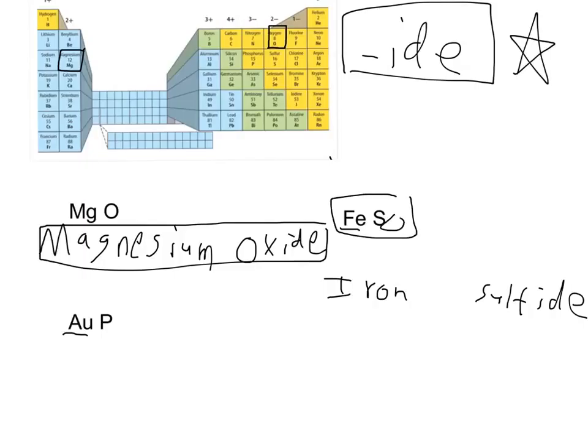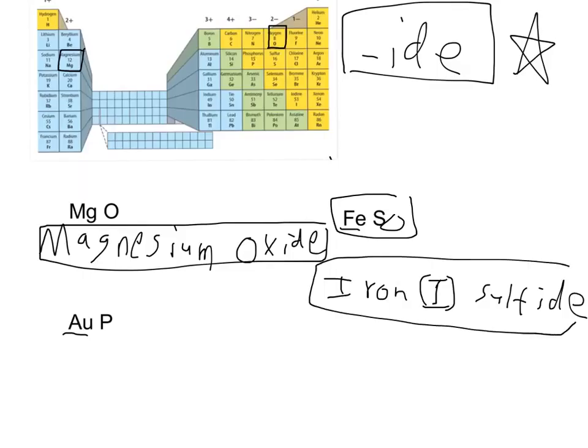If there's a subscript next to the S, that determines what goes in the parentheses. You put a Roman numeral. S is just 1, there's no 2 or 3 next to it, so you just put a regular I for the 1. And that's your answer for iron sulfide.